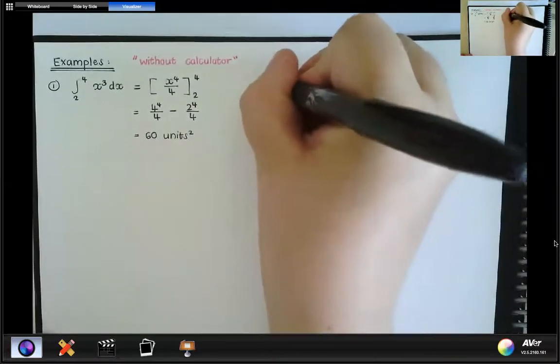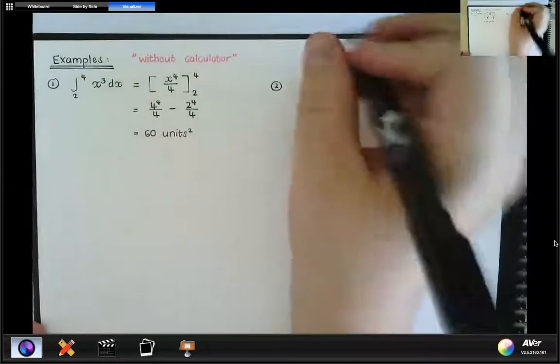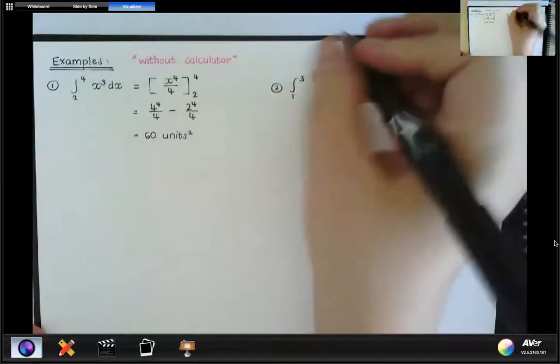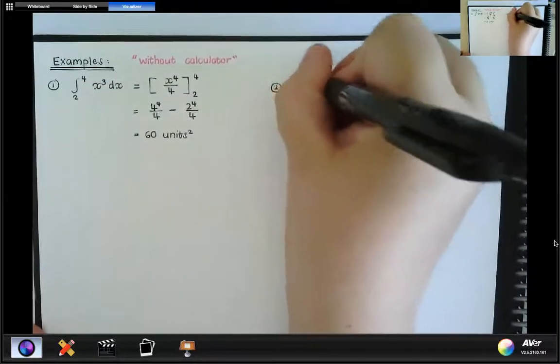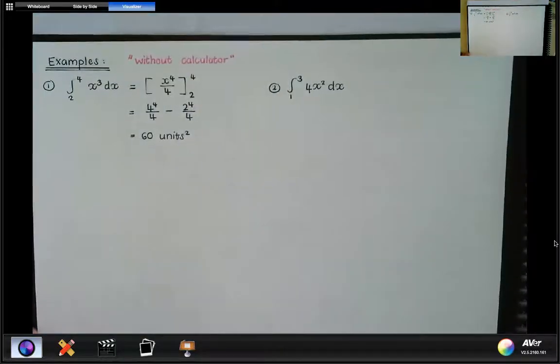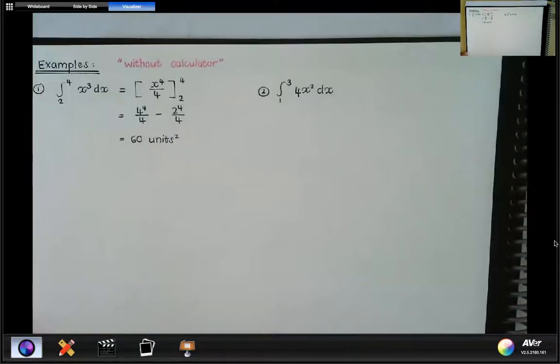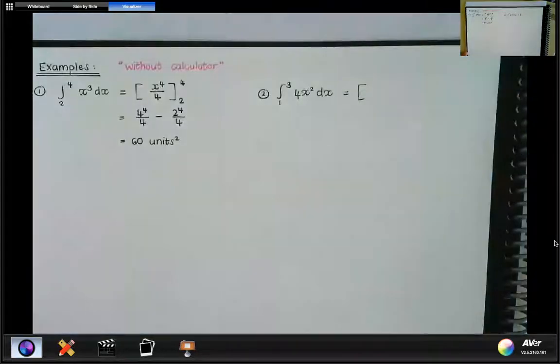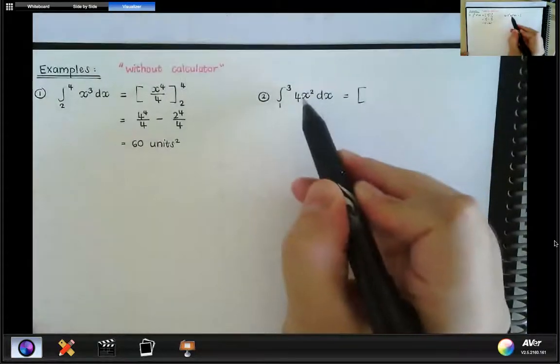Number 2, I'll just do it on the side there. We have the integral from 1 to 3 of 4x squared dx. Again, we're going to do our square brackets and do the integral first.